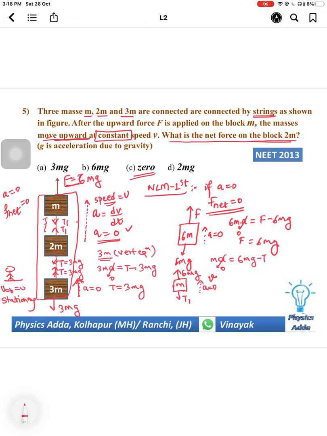Also there will be a downward force mg acting on block M due to its own weight. So this will be T1 plus mg. So T1 will be 5 mg.